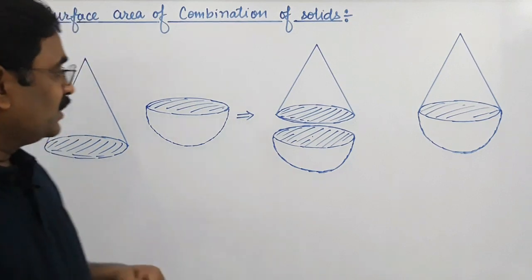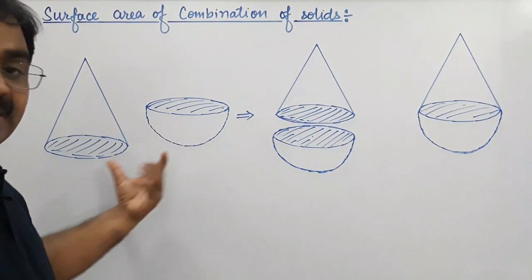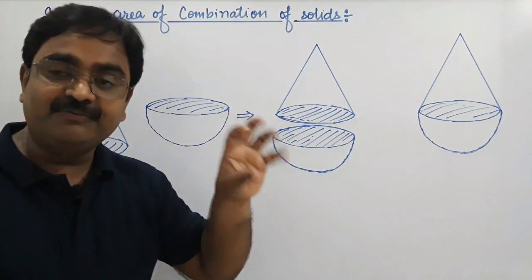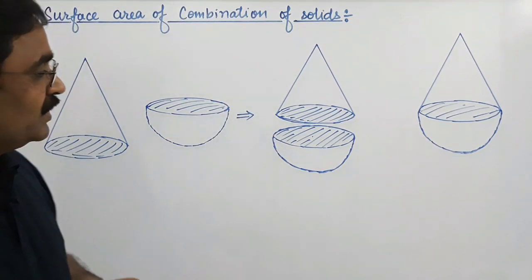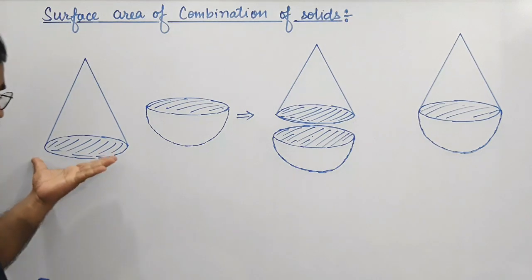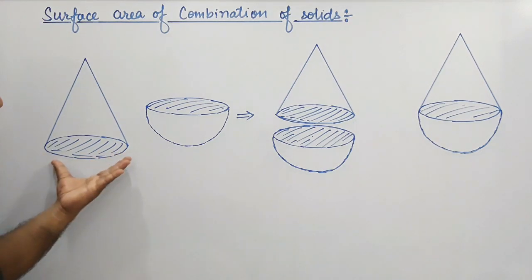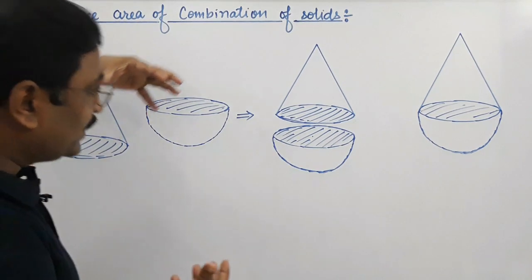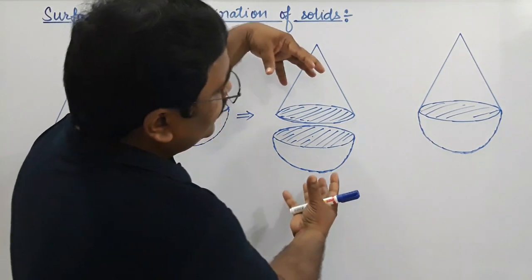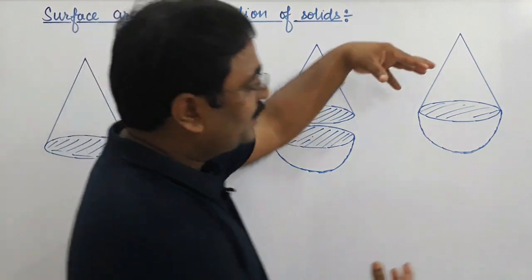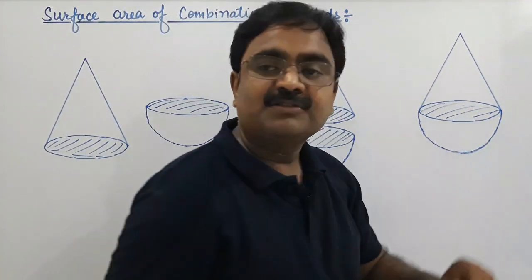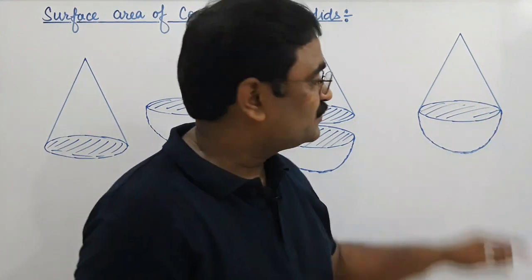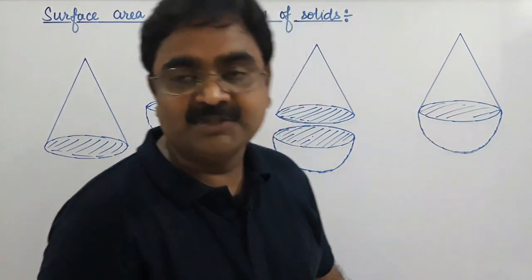So with this cone and this hemisphere, we are going to make a toy for children to play with. This circular surface will be equal to the circular surface of this hemisphere. When they are attached to each other, stuck to each other, this will be completely covered, this circular region, meaning the base of this cone as well as the top of this hemisphere.